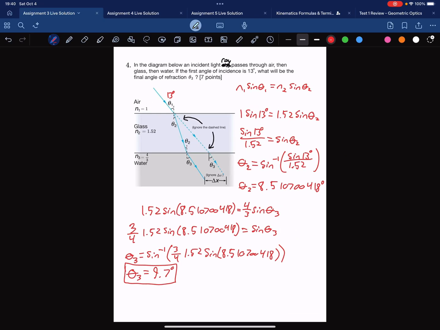The shortcut that I briefly mentioned, I will write in, let's go blue here. The shortcut was basically to go, instead of from air to glass to water, to just go straight from air to water. This works because you have n1 sine theta 1 is equal to n2 sine theta 2. But then we also say that n2 sine theta 2 is equal to n3 sine theta 3.